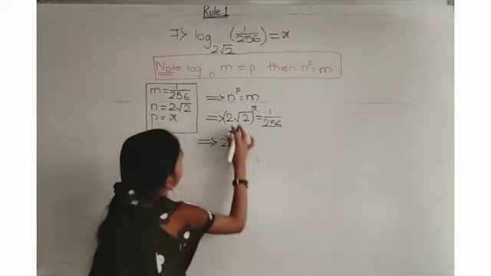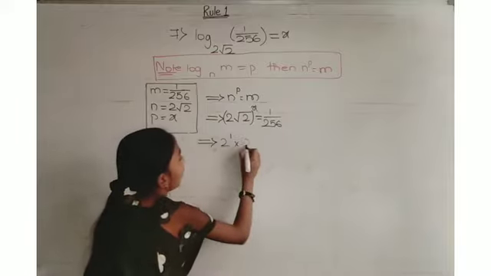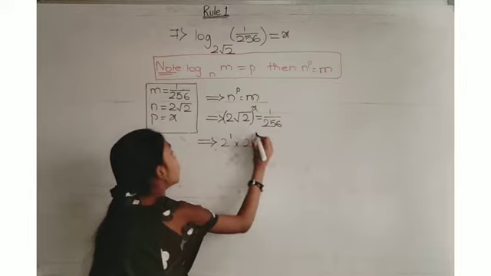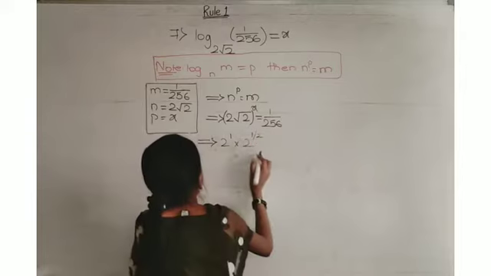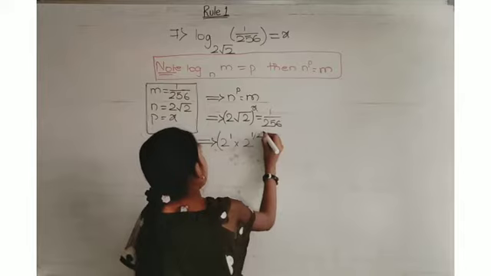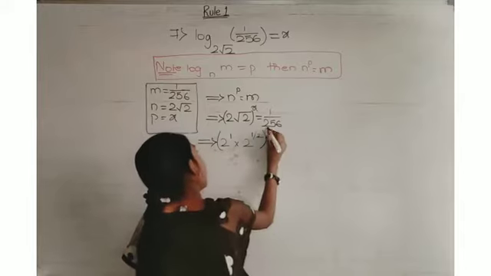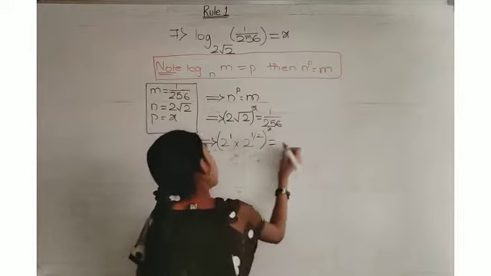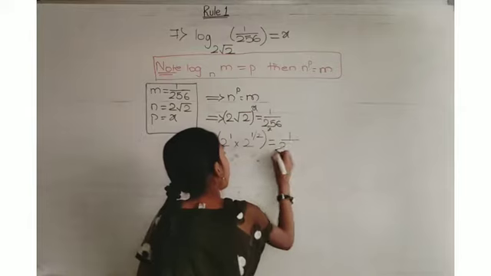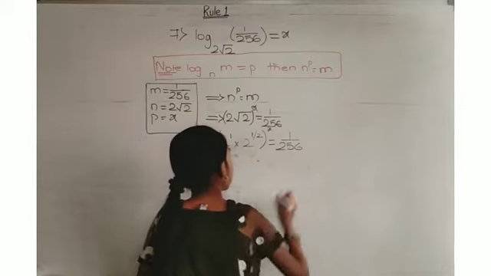So multiplied by, a multiplication sign is there but not given, 2 raised to 1 upon 2, in the bracket, raised to x is equal to 1 upon 256.